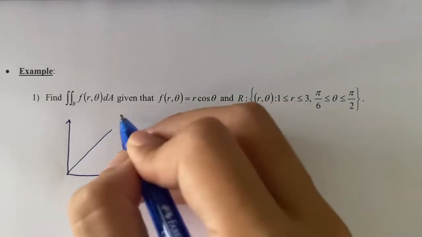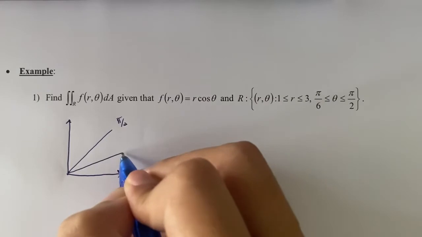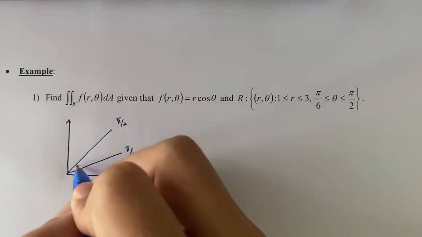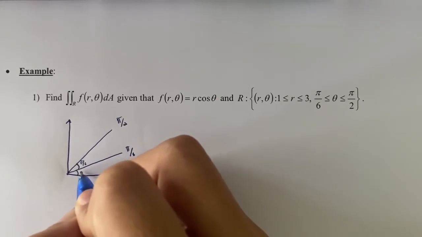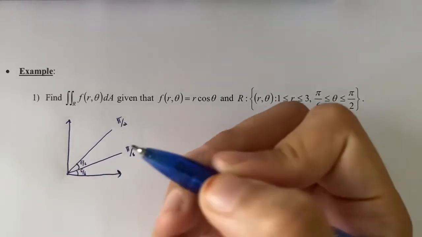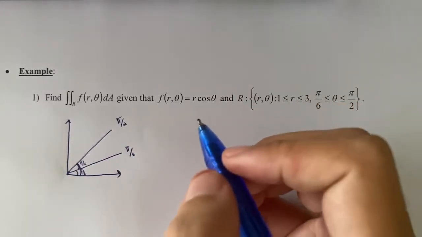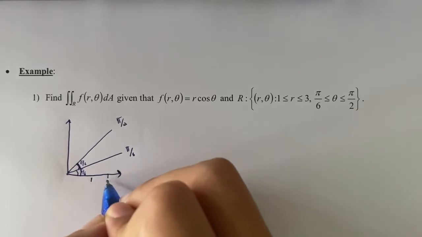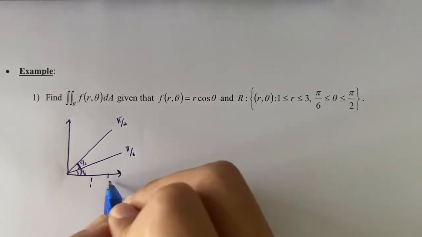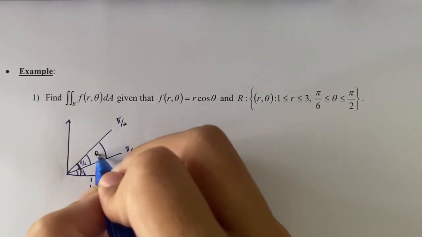So this is theta equal to pi over 2 and this second line is theta equal to pi over 6. And then r is between 1 and 3. So this is 1, this is 3. This is our region R.